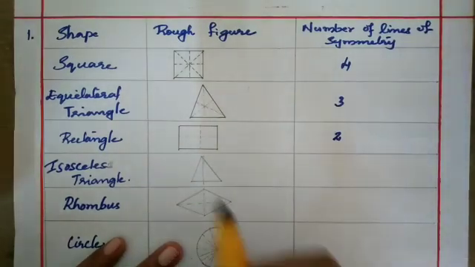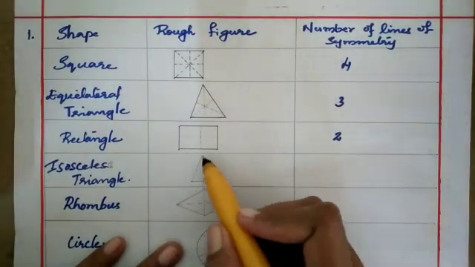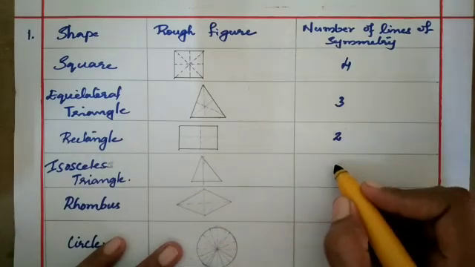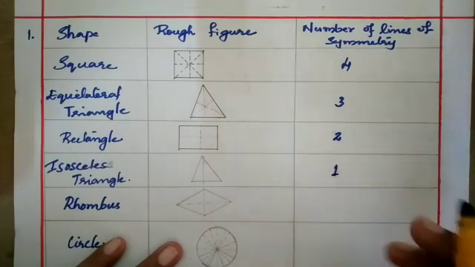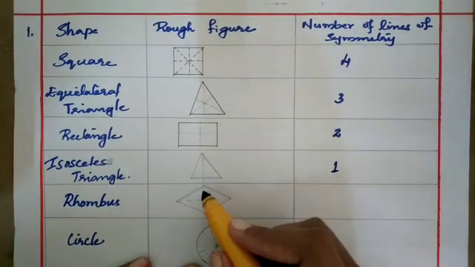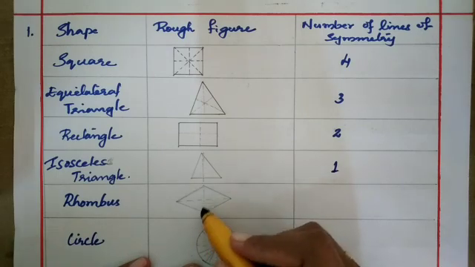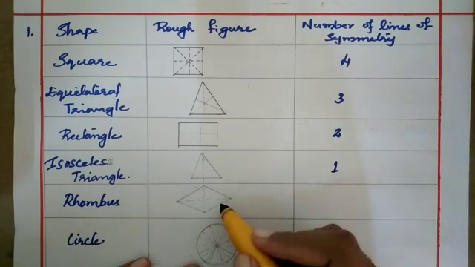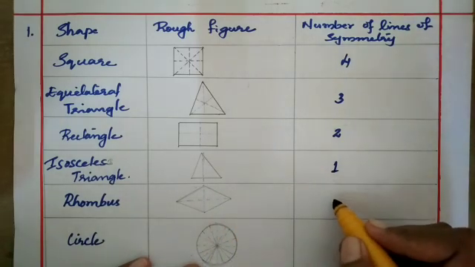Then the isosceles triangle has two sides equal, so only one line of symmetry. Then next is the rhombus. All four sides are equal and parallel also. So you have to draw only two lines of symmetry, one vertical and one horizontal. Two lines of symmetry.